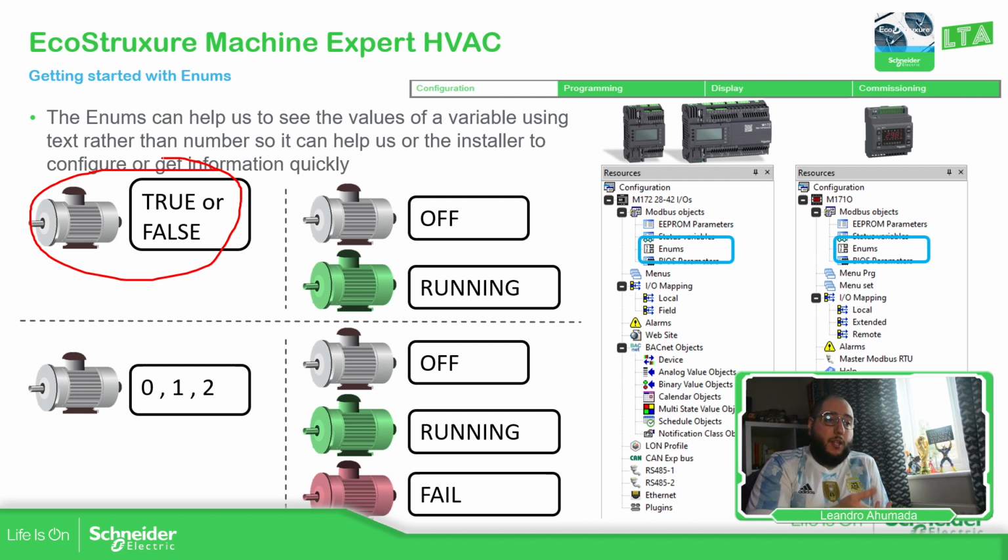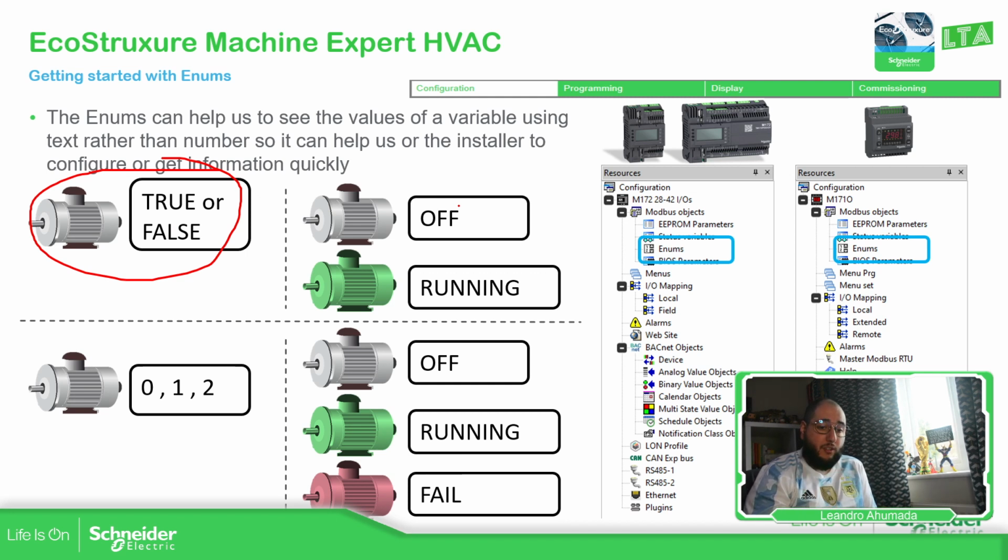So in that case, the use of the enums is very good, because we can link a value to a string, a text that explains what's going on. So even if it's false, instead of using the word false, you can use stop or off.